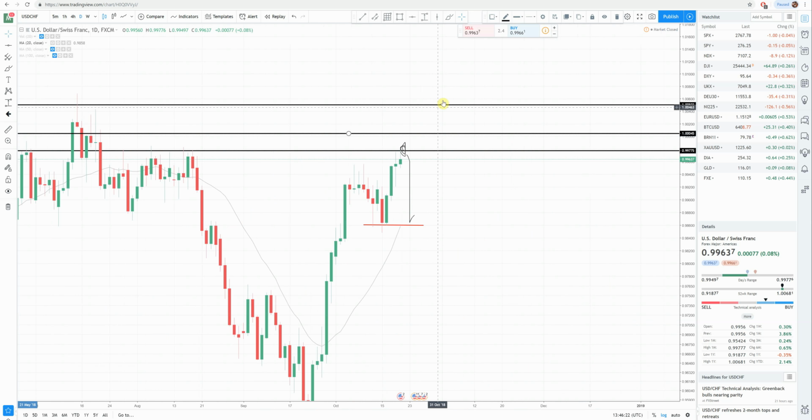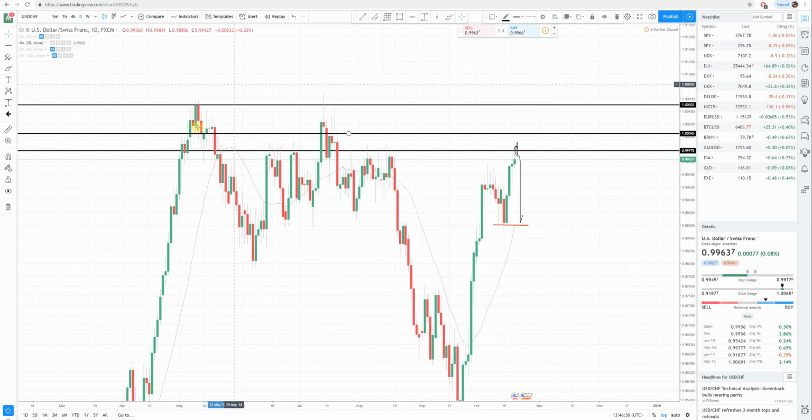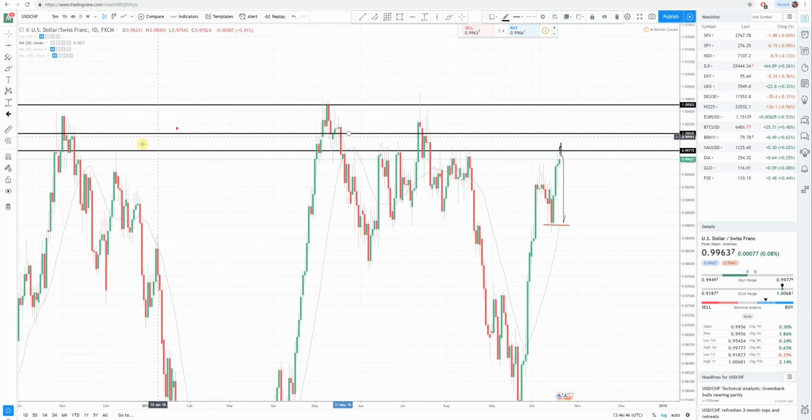I would hesitate to trade between 0.99 and 1.005 because these are the zones. This is the zone which will probably have a lot of indecision coming on. This is for me a very strong psychological range.